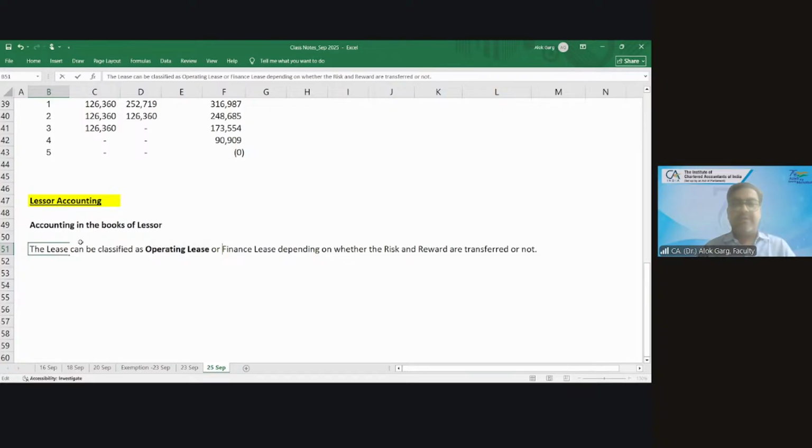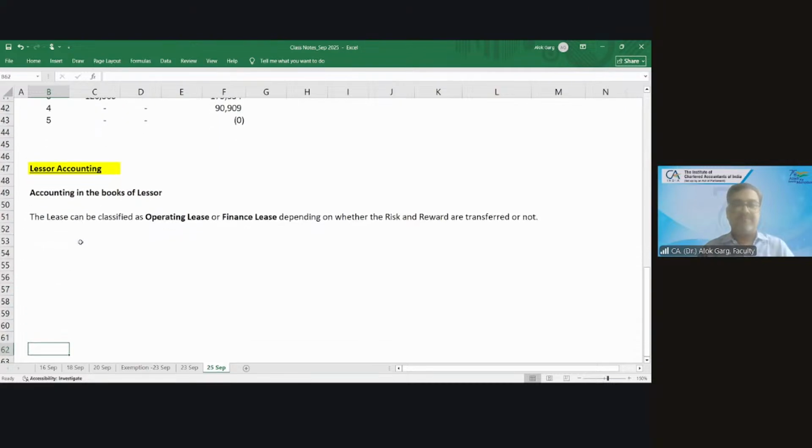Operating lease or finance lease. Okay, risk and rewards are transferred or not.